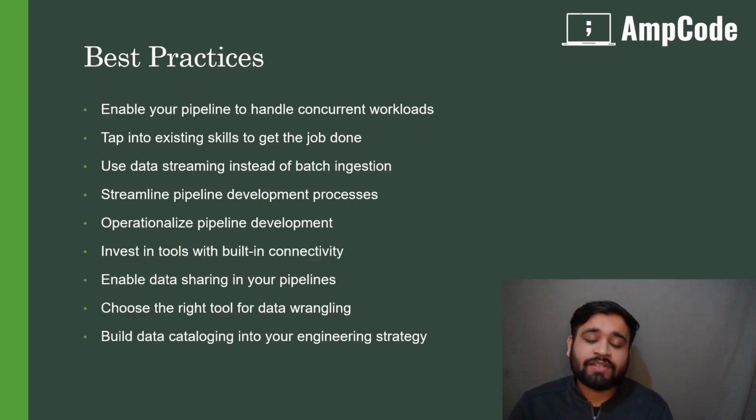So the next one is you have to enable data sharing in your pipeline. This is also a very important aspect. There will be multiple teams requiring access to the same data. So let's say you have two teams working on the same data set, but their end goals are pretty different, though their source data is similar. They don't have to reinvent the wheel.